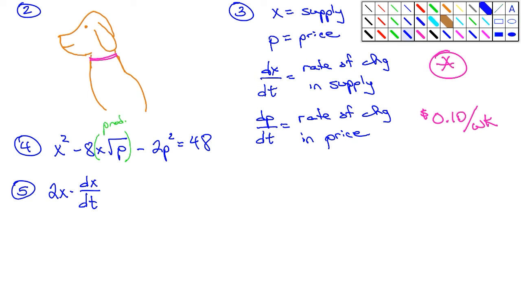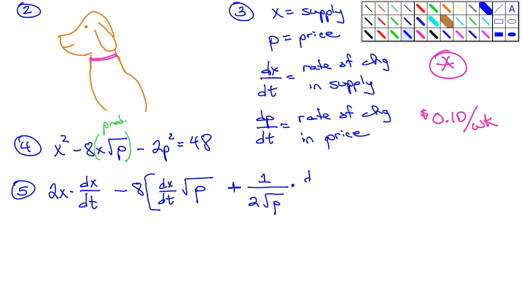So here's what I'm going to do. I'm going to leave the negative 8 on the outside. Then I'm going to use the product rule on the inside. The negative is with the 8 and will distribute eventually, so we just run this like normal and don't worry about it. The derivative of x is 1 dx/dt times the square root of p, unchanged, plus the derivative of the square root of p, which is 1 over 2 square roots of p, times the derivative of the inside.